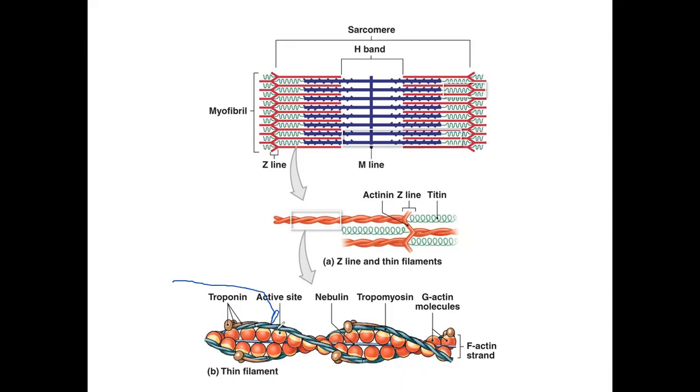And this knob can bind to the myosin binding site. But then it is covered, so it can't bind. It is only when the tropomyosin moves away that you uncover the binding site, and then myosin can bind.